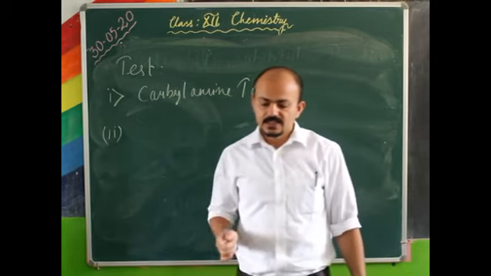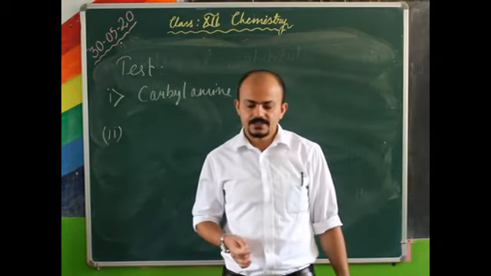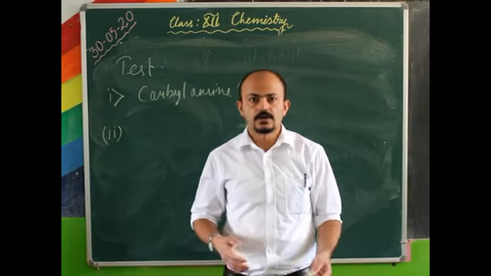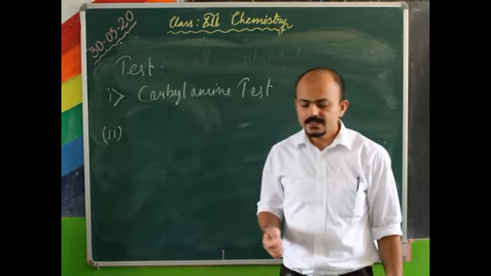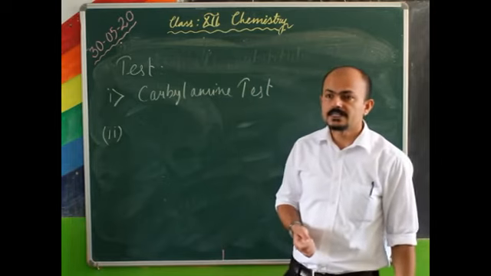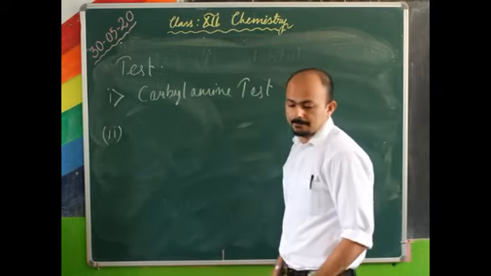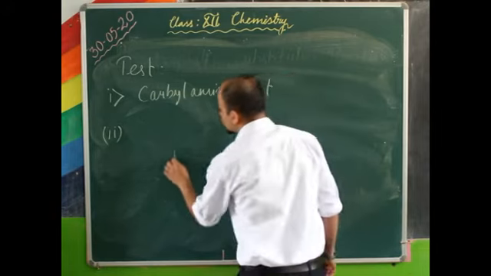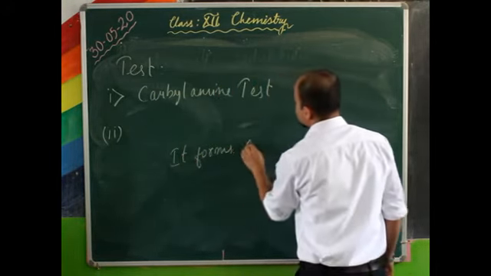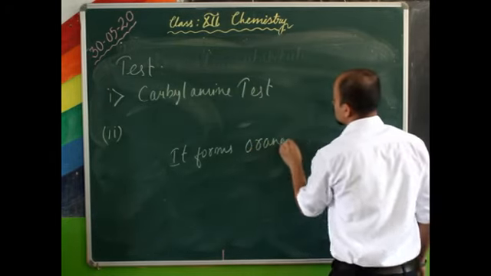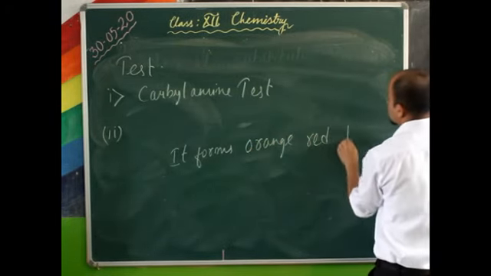If this benzene diazonium chloride is coupled with alkaline beta-naphthol, then aniline forms an orange-red dye.